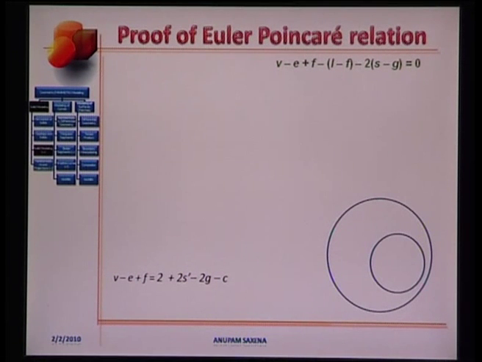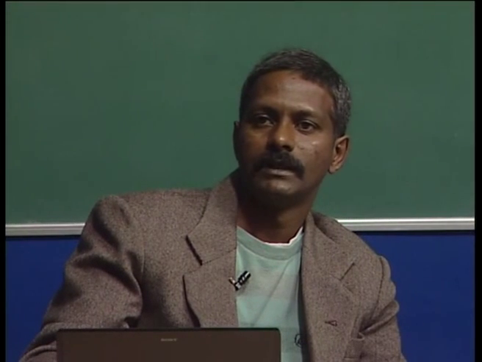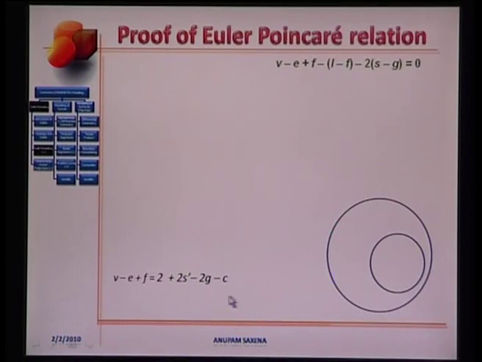I can combine the previous relation with this one and have a more general formula as V minus E plus F equals 2 plus 2S' minus 2 times (G minus C). These are the terms that I get from previous smooth solids.